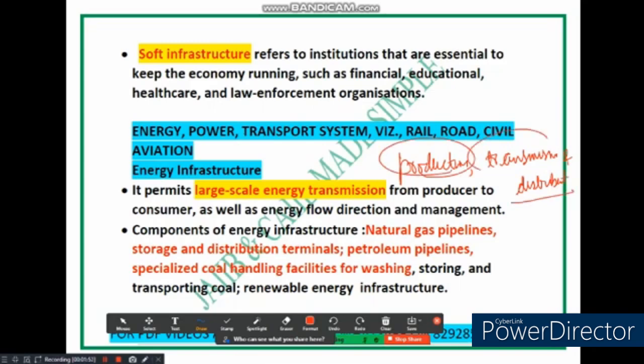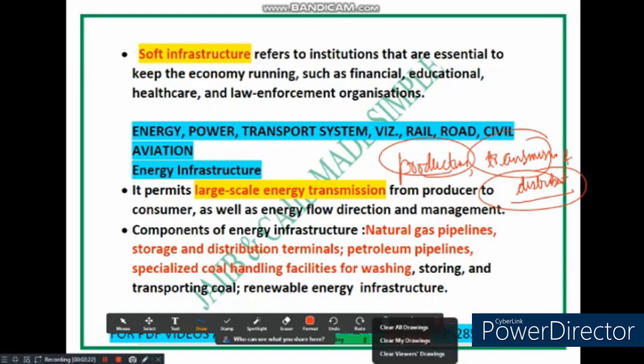First production, then transmission, and then distribution. Which types of energy resources? Natural gas, petroleum, etc. It covers the distribution of resources like electricity, natural gas, petroleum and renewable energy. It includes the physical infrastructure needed to generate, store, transport and distribute energy to the consumer.